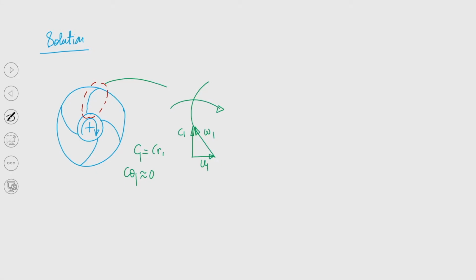So, this is the rotation, okay. And this is the inlet velocity triangle, and if we try to draw the outlet velocity triangle, it will be like this.